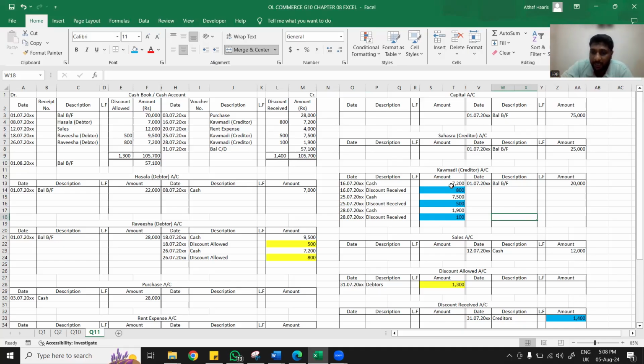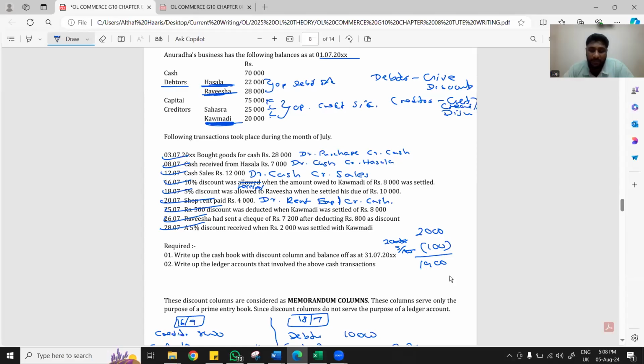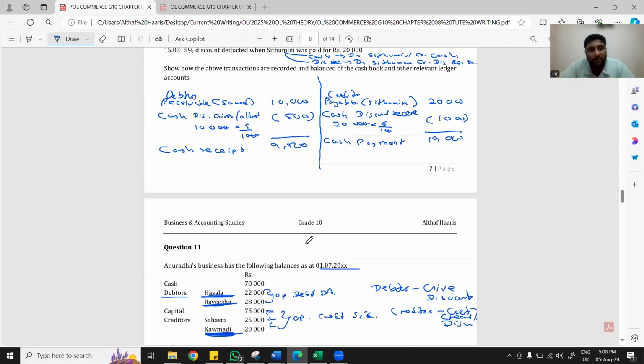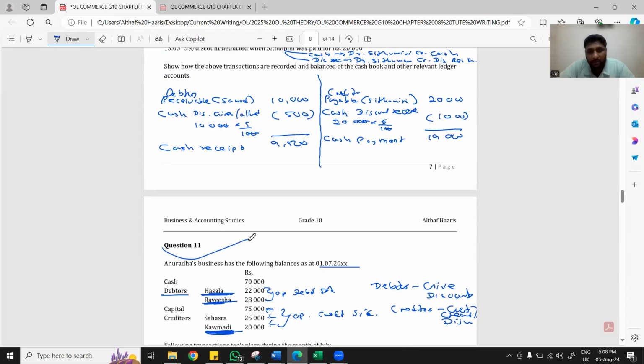Now here 800, 500, 100, 1,400. Here also blue 1,400. Here 500, 800, credit side 1,300, discount allowed account, debit side 1,300. Everything is matching nicely. So with that, people, we are done with that particular question as well. Question number 11 also done.